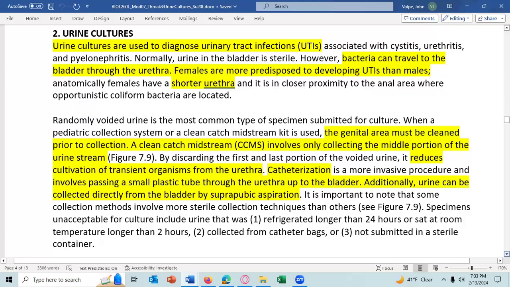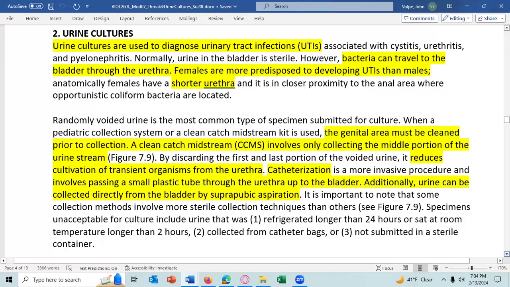The urethra is loaded with microbes, and if you simply were to urinate out of it, the urine will contain bacteria from the urethra. Furthermore, if you remember, I did mention that in females, they have normal microbiota, bacteria and other microbes that are actually growing in their bladder.